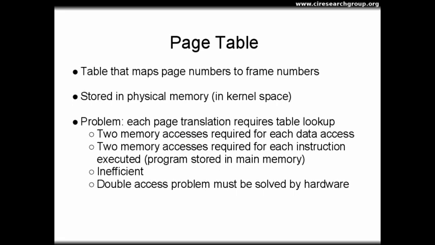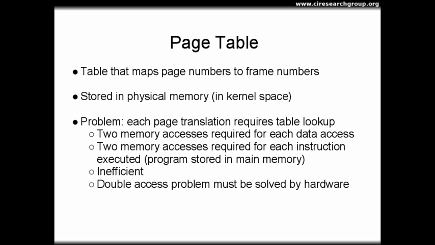In order to perform the translation from page numbers to frame numbers, the MMU must consult the page table. The page table is a data structure that is itself stored in RAM in the kernel memory space. Storing the page table in RAM leads to a major problem, since every MMU translation would require a lookup.